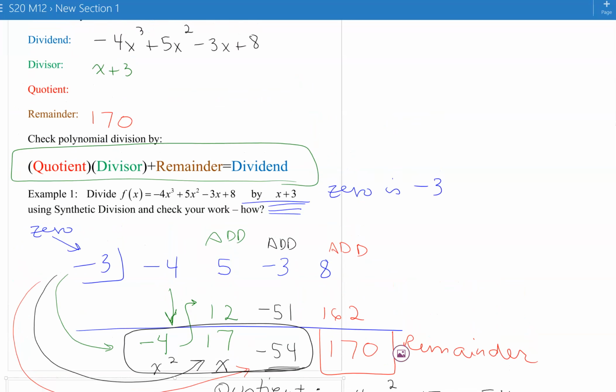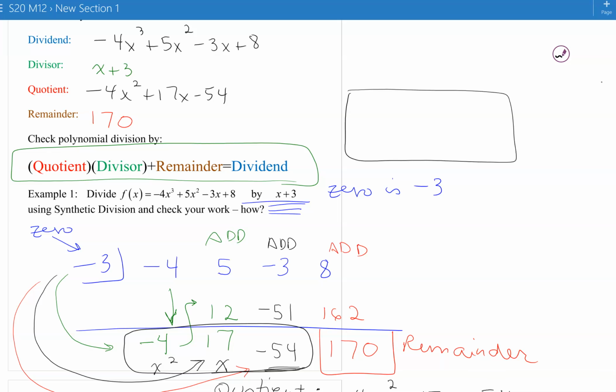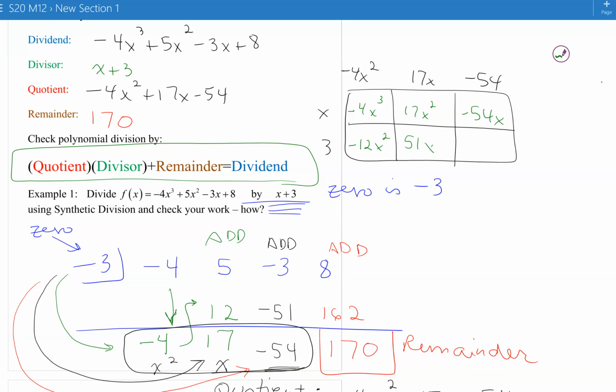And let's check our result because we should get our dividend if we multiply our quotient times our divisor and add our remainder. So let's go ahead and make our box and have negative 4x squared and 17x and negative 54 and x plus 3. So I'll have negative 4x cubed, 17x squared, minus 54x, negative 12x squared, 51x, and negative 162.